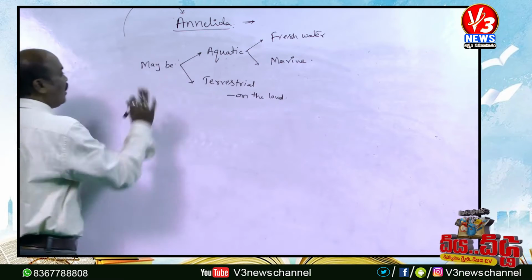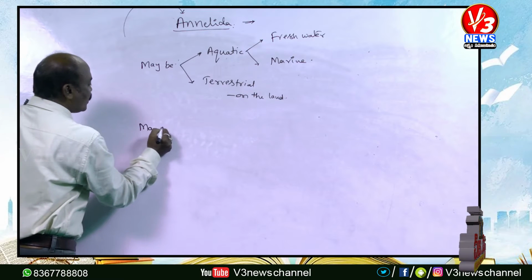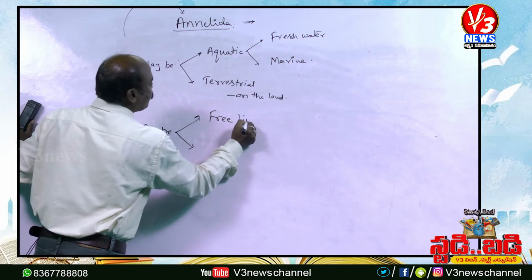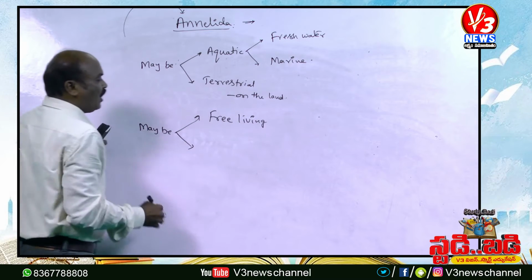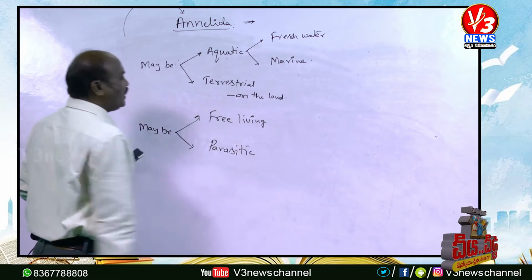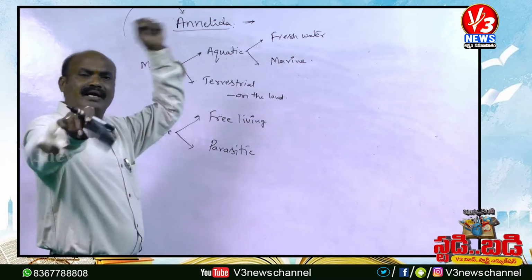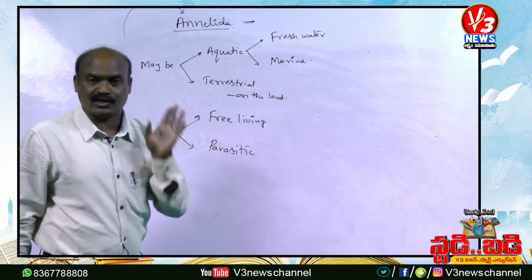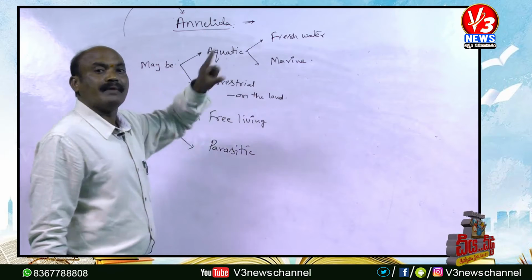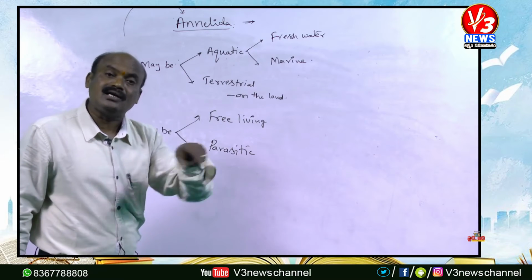That's one aspect. And they may be free living and parasitic forms. The familiar example is the leech. The leech belongs to the phylum Annelida. It is a parasitic annelid.